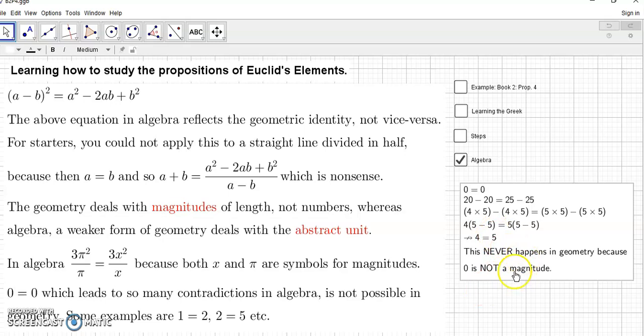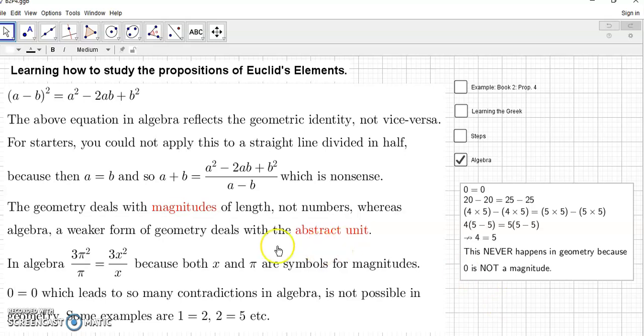And in geometry, this never happens because 0 is not a magnitude, okay? In fact, 0 is not even a true number. It's just being given special number status. So, as you know, in the first few books, the propositions don't even deal with numbers.